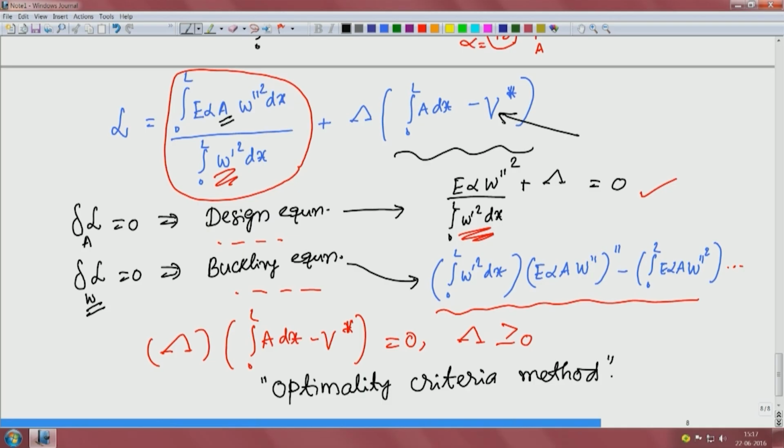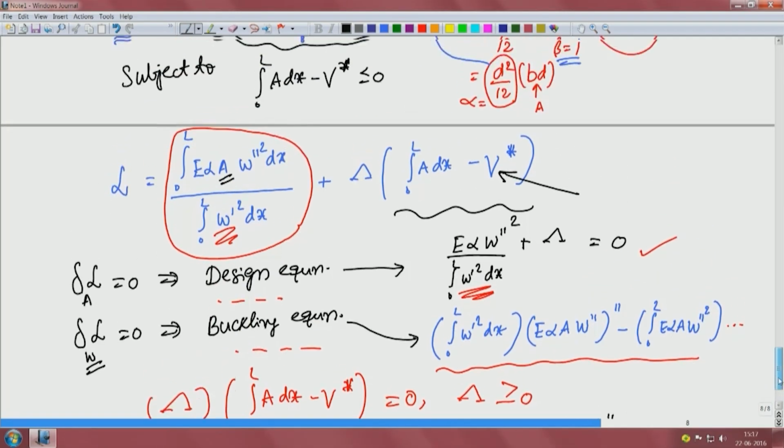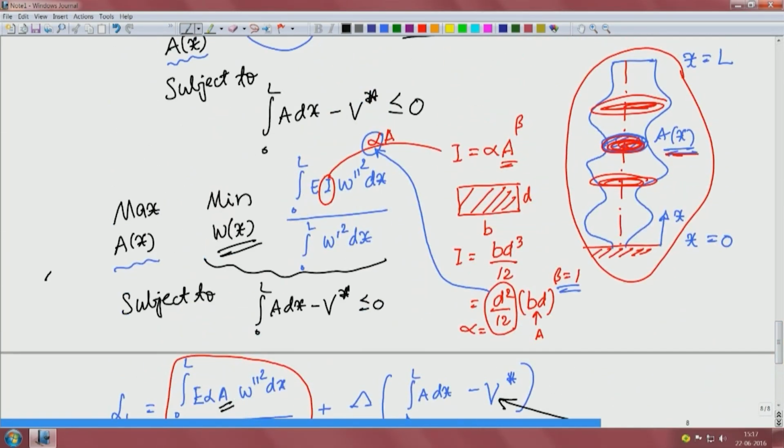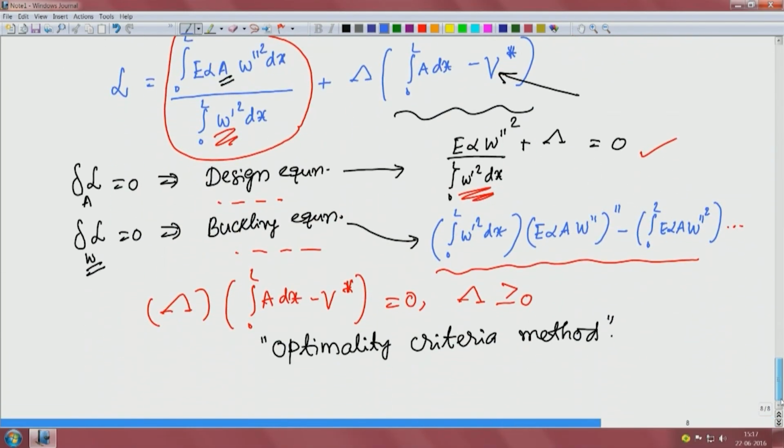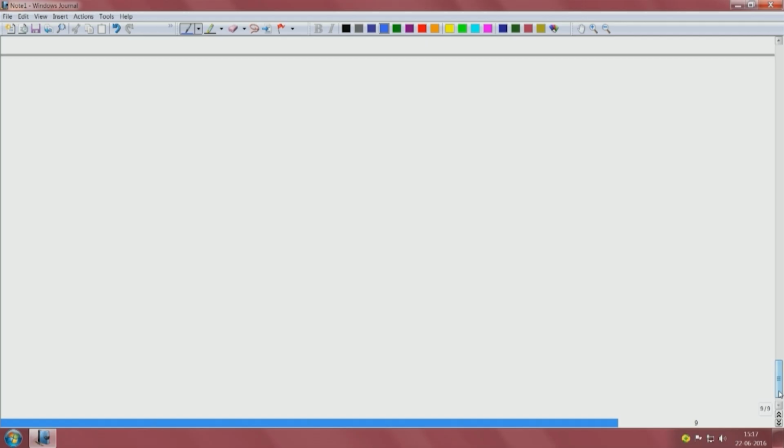That is how this works. Remember that we have here a max min problem. That is, we are designing by varying A of x, and we are minimizing to get the governing equation. That can be done for a general elastic structure also, not just for the column buckling problem.